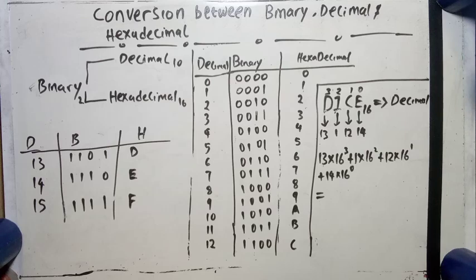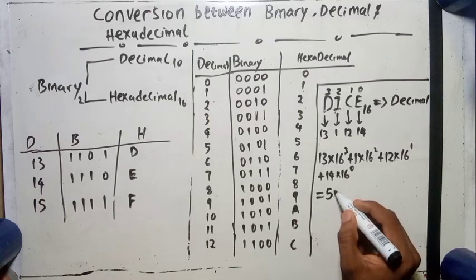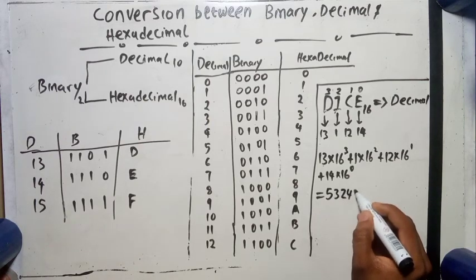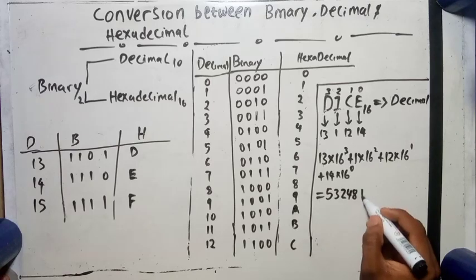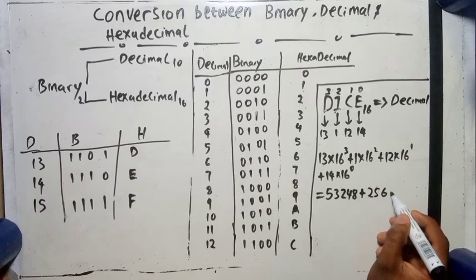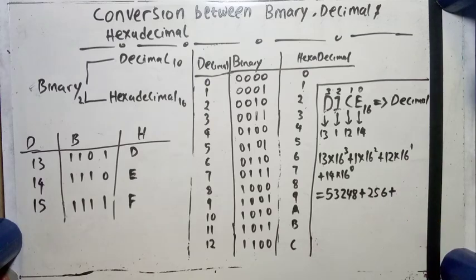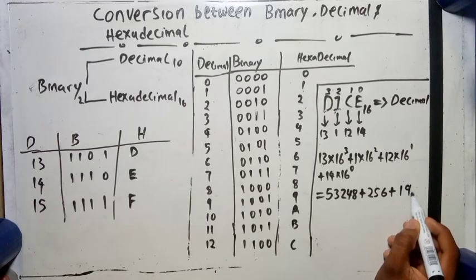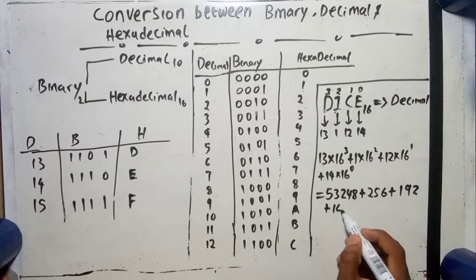When you do that, 13 times 16 raised to power 3 gives us 53248. This 16 raised to power 2 is 256, plus 12 times 16 is 192, plus 14.